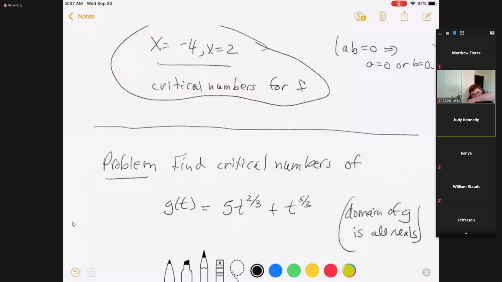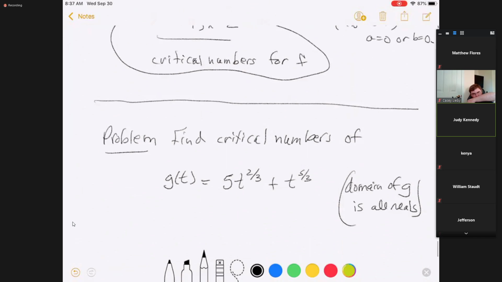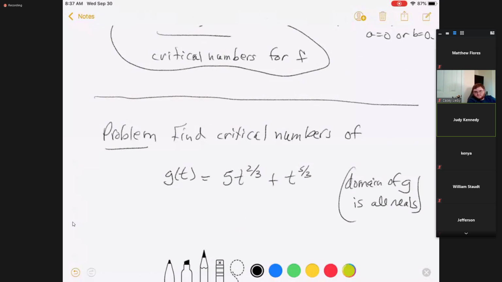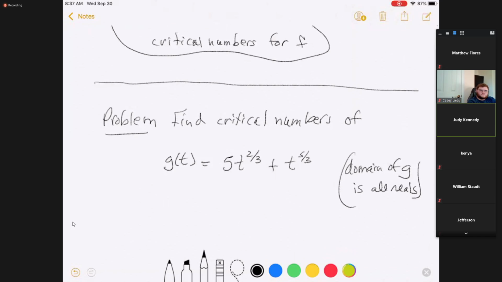Square roots and fourth roots are not defined for all the reals, but cube roots and odd roots are defined for all the real numbers. Okay, so I want my critical numbers. That means I want all the places where G prime is either 0 or G prime doesn't exist.